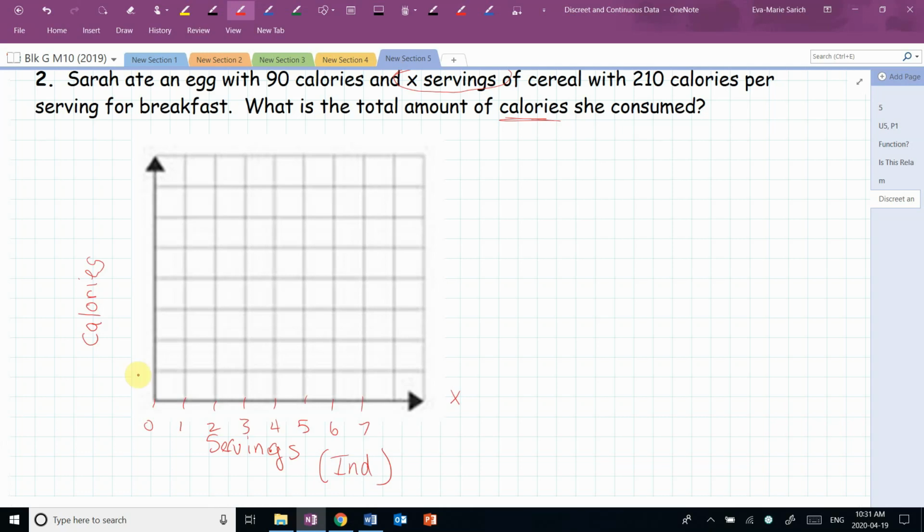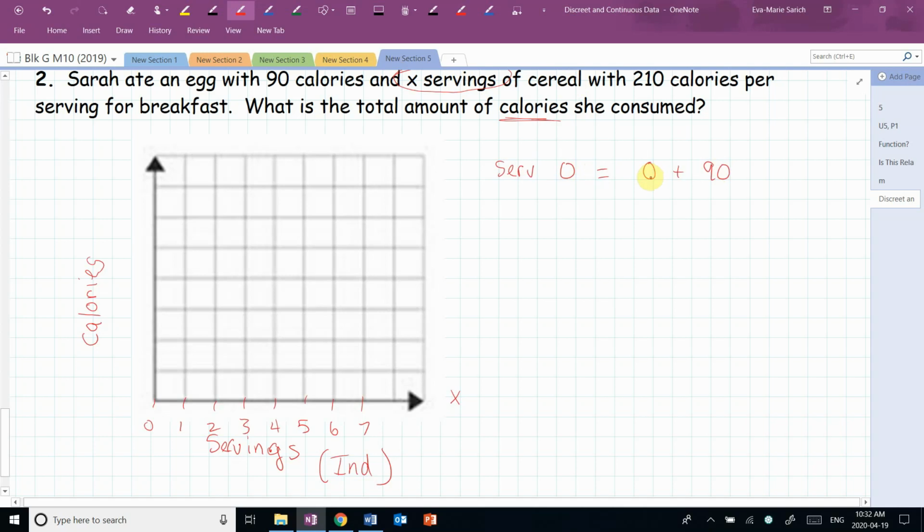Now, before we work out our scale on this side, we need to figure out what the values of data we're going to have. So let's look at serving 0. At serving 0, it means she has 0 cereal, but she's going to have the 1 egg, which is 90 calories.